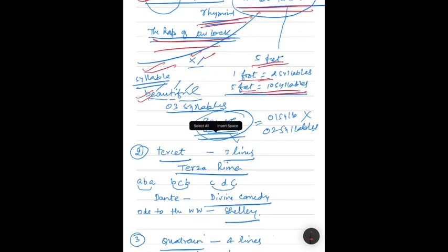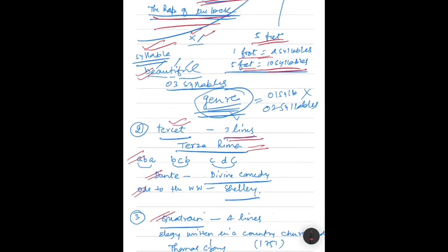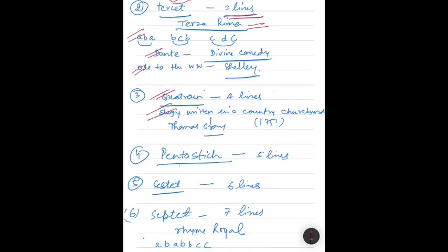Coming to number 2, tercet. Tercet means stanza of 3 lines. Then Terza Rima. It is a collection of the tercets. This is the rhyme scheme Dante used for the first time. And in Ode to the West Wind, Shelley used it. Then Quatrain is a stanza of 4 lines. Elegy is an example. Pentastich is a stanza of 5 lines. Sestet is a stanza of 6 lines.